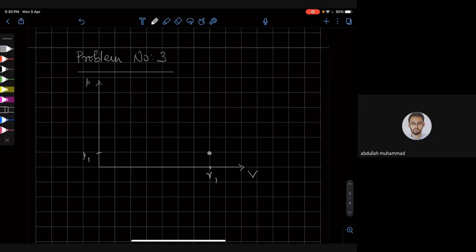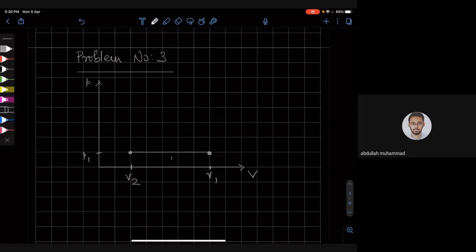And then you, quote unquote, cool the gas, and the volume goes down to V2, but the pressure remains the same, okay? So this we can call phase 1.